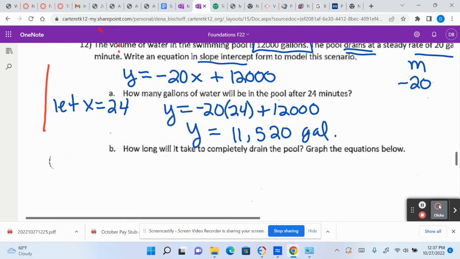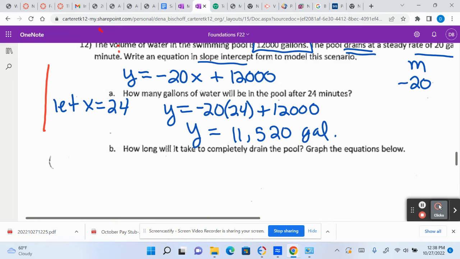How long, meaning how many minutes, that's x, the number of minutes, will it take to completely drain the pool? How am I going to solve that?